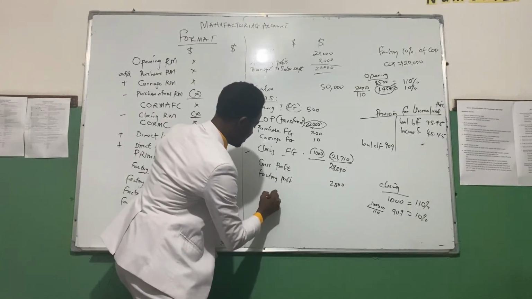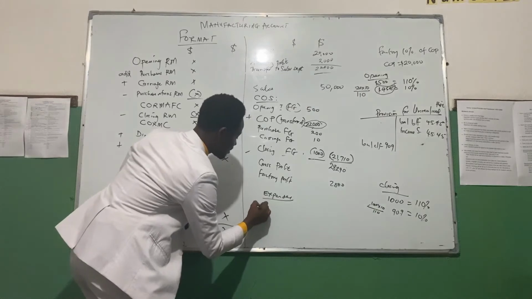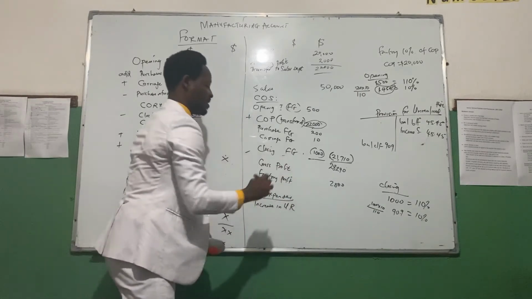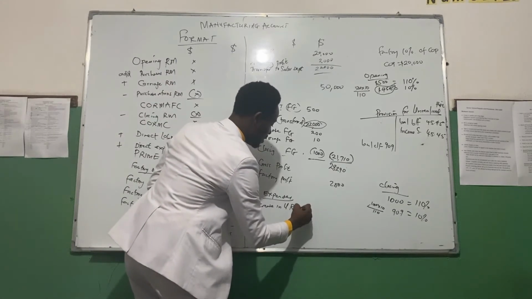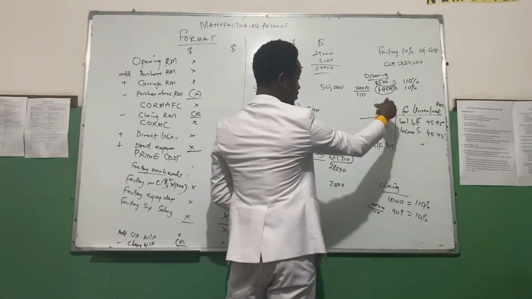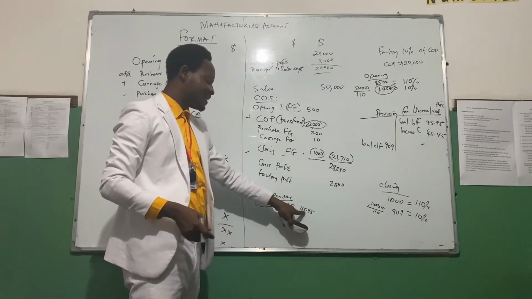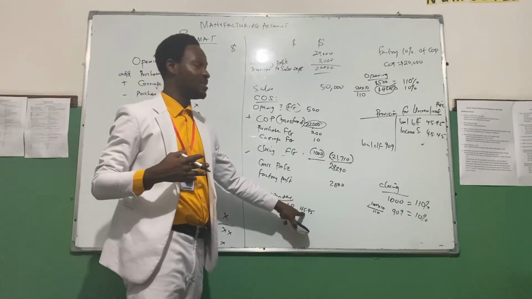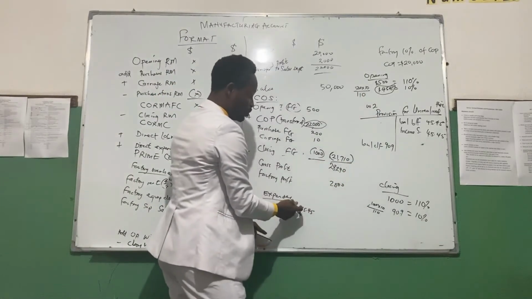So under expenses, you can say increase in unrealized profit, 45.45. Now write this as a working, working 2, because the examiner is going to look at where you got the answer. You can put this as W2 in a bracket.